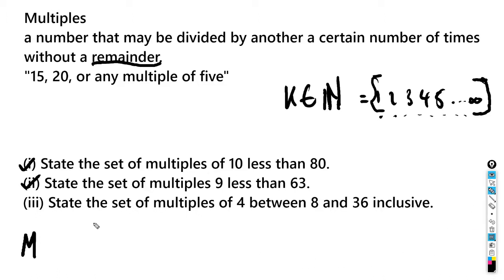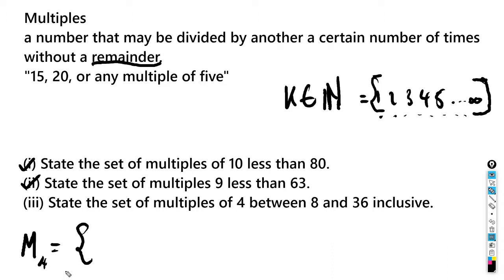The next one says state the set of multiples of 4 between 8 and 36 inclusive. Let's call the set M4, which is the set between 8 and 36 inclusive.